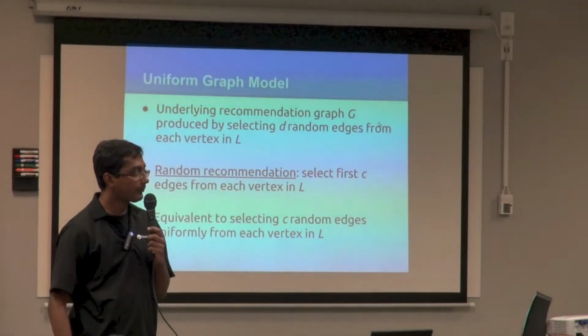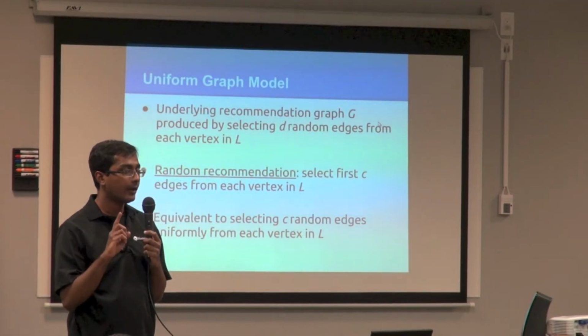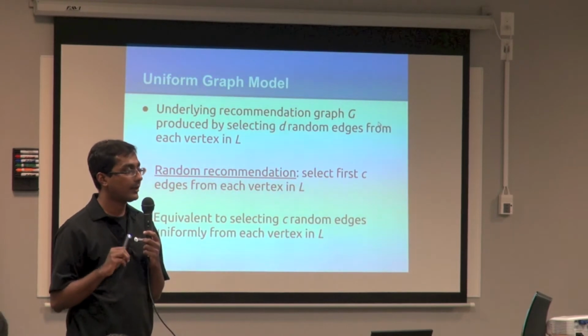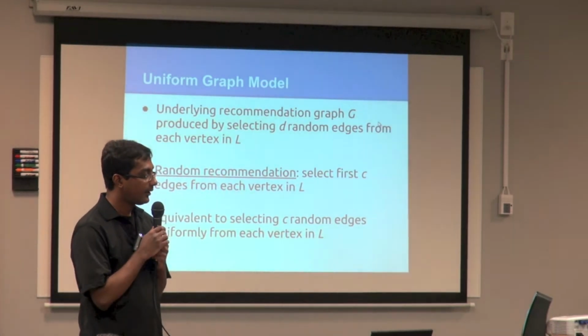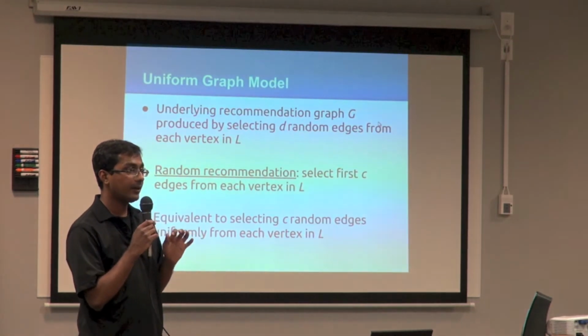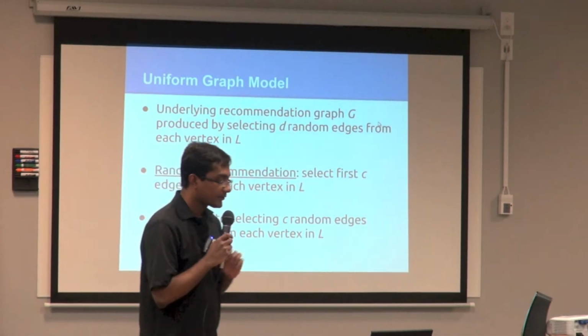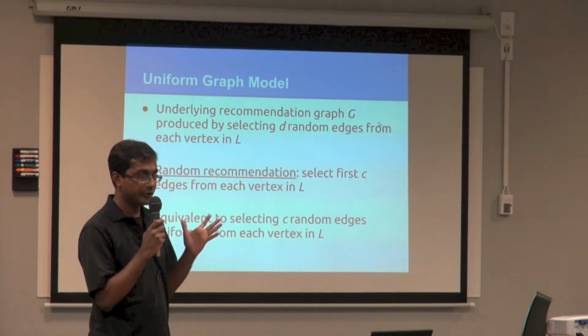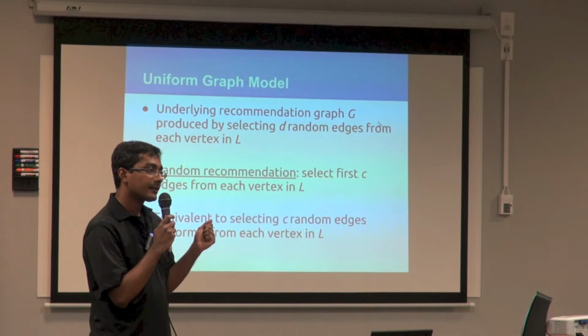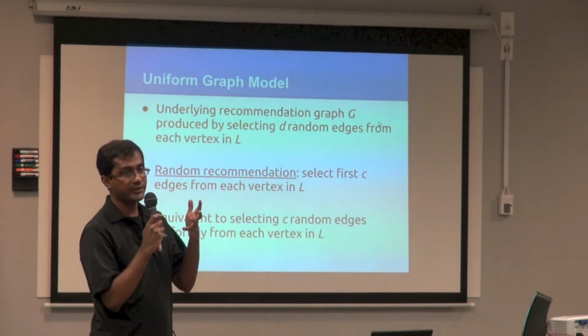So we're going to switch gears once more, but it's just literally 3 slides, with some amount of analysis, but it should not be hard to follow. So here's the underlying model that we're going to assume: we have this bipartite graph G, and every vertex picks d random edges out of it.